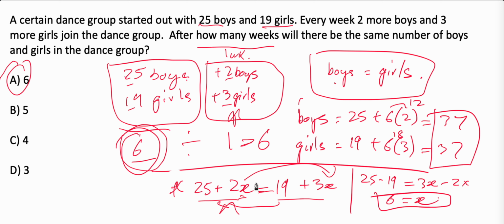These are the 2 ways that I think you can apply to this problem. If you can change this into an equation like this, then you can solve for x. But if not, then you can do it the other way. Whatever works for you. That's how you do these kinds of problems.